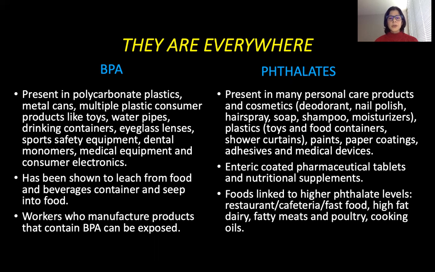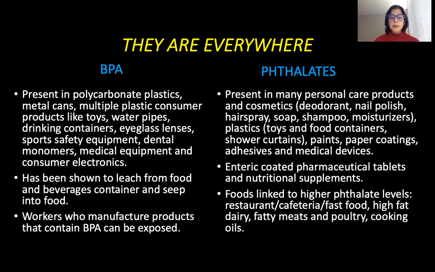And phthalates are present in many personal care products and cosmetics like deodorant, nail polish, hairspray, shampoo, soap, in plastics like toys and food containers as well, shower curtains, something as common as that, paints, paper coatings, adhesives, medical devices. They're also present in the enteric coating of some pharmaceutical tablets and in food and nutritional supplements.